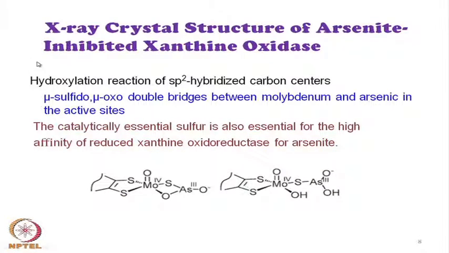So, one such example of inhibitor design tells us this. A very recent observation concerns xanthine oxidase, a molybdenum based metalloenzyme site, which is sometimes very difficult to crystallize.